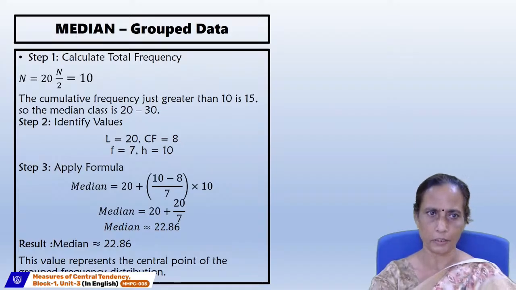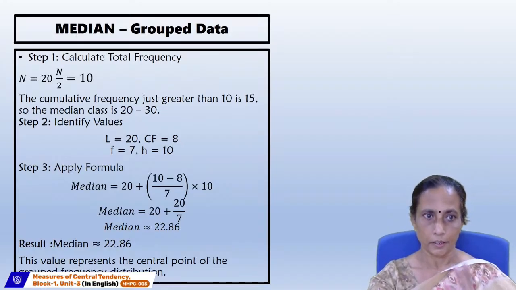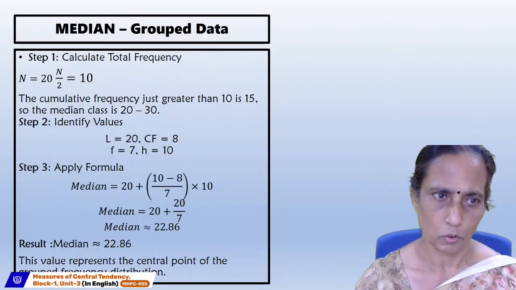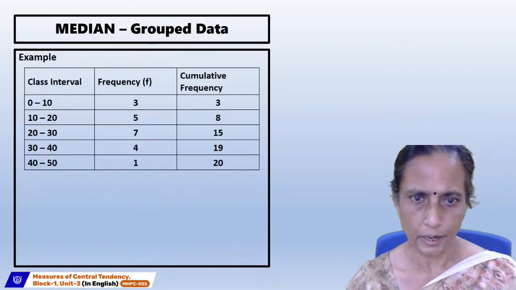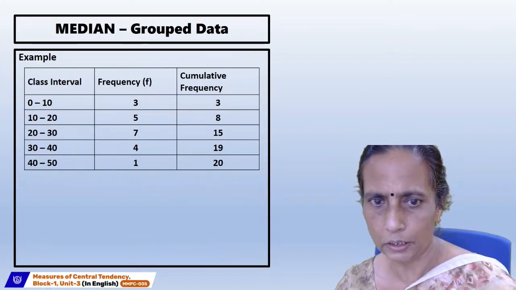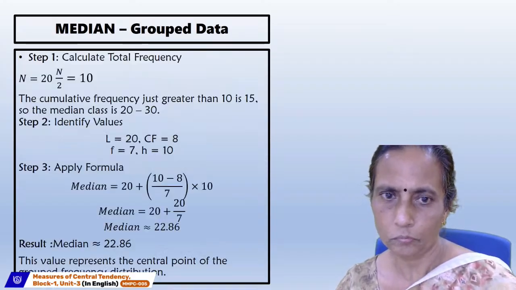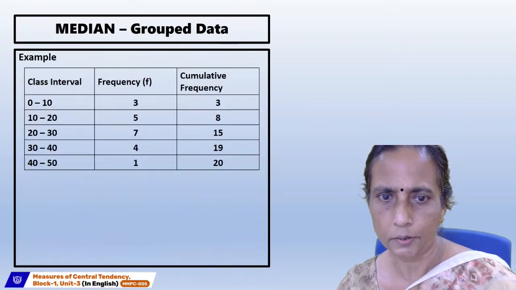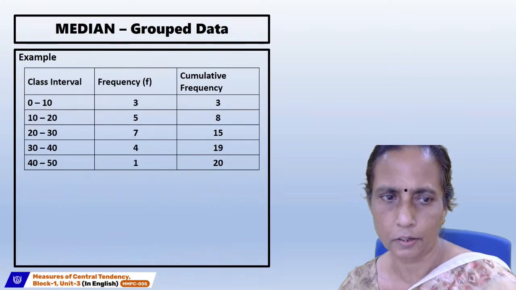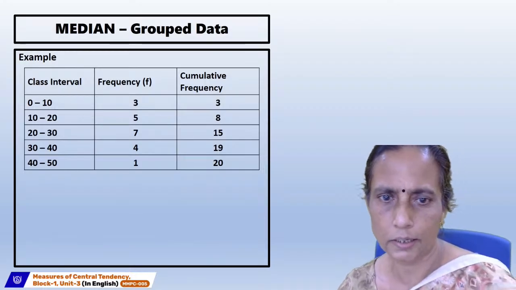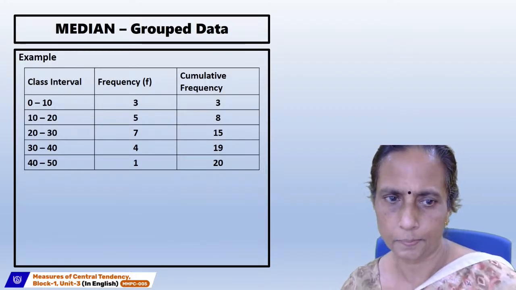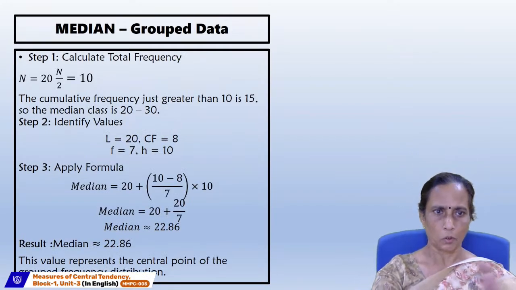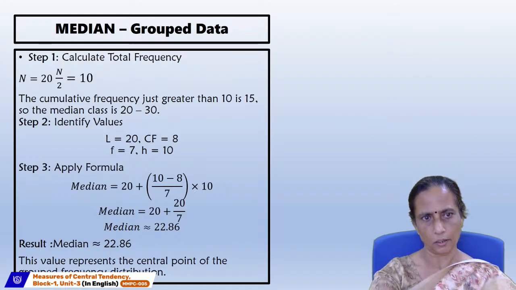In the cumulative frequency, we look for the value just greater than 10. Over here we are having just greater than 10 is 15. So this is our median class. The median class is 20-30.